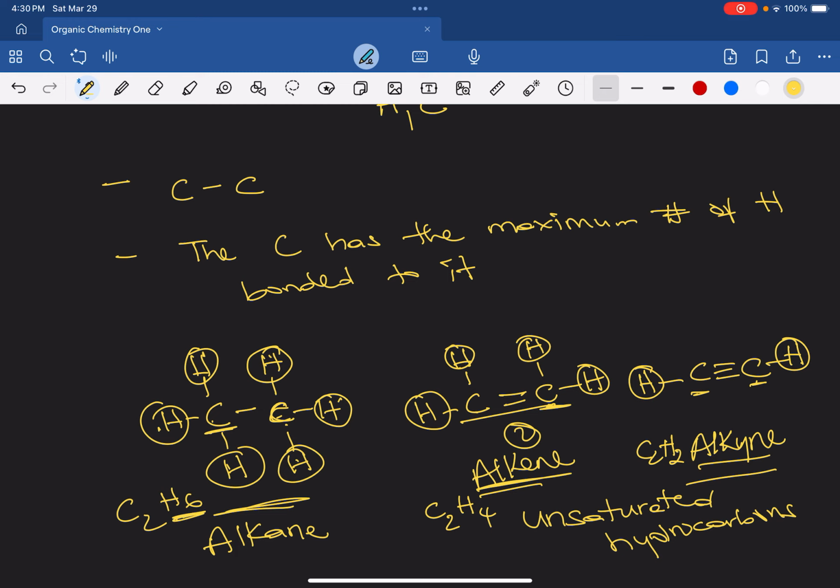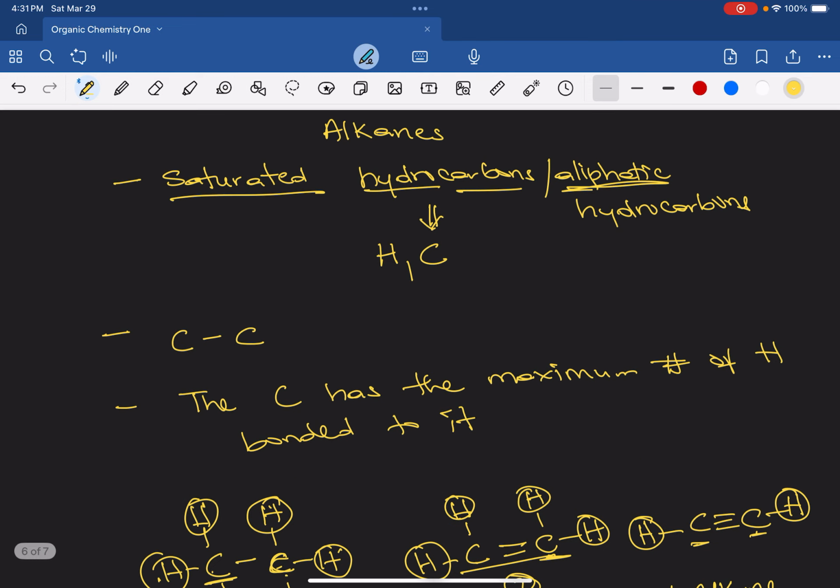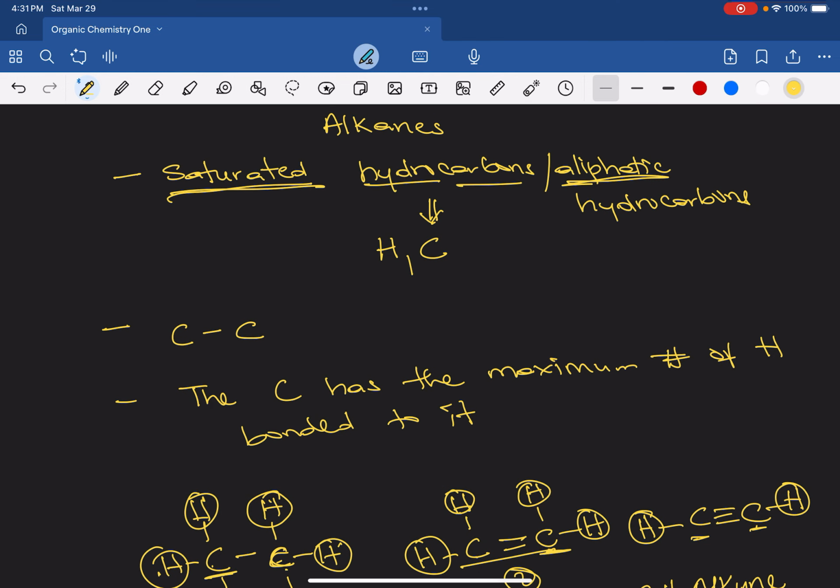Notice that the alkane has the maximum number of hydrogens for the same number of carbons in each one of these molecules. So your alkane, don't forget, it's a saturated hydrocarbon, which means it only has carbon-carbon single bonds, and the carbons in the carbon-carbon single bond have the maximum number of hydrogens.